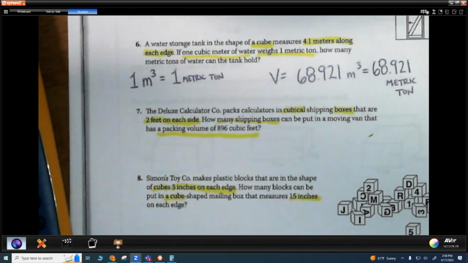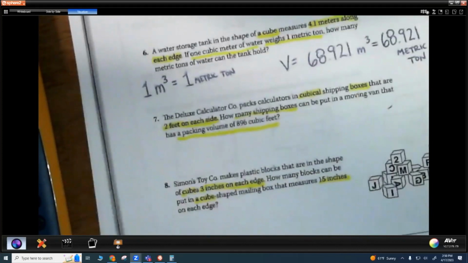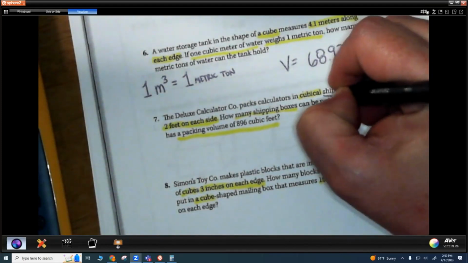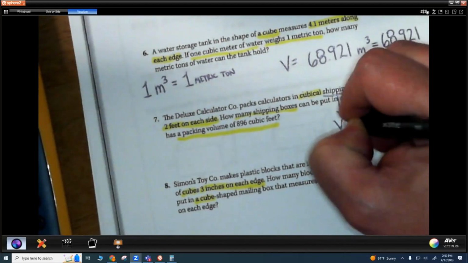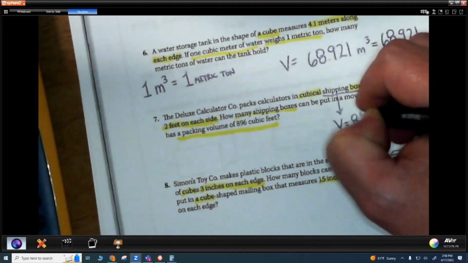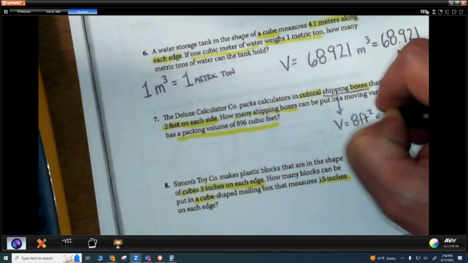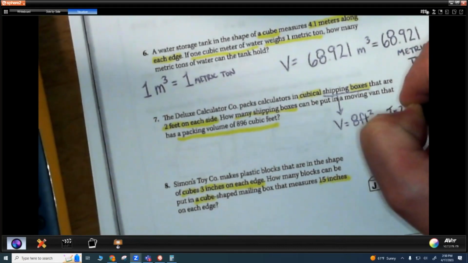And how are you guys getting 112? 896 divided by 8. Good. So we know that each box has a volume of 8 cubic feet, which is 2 times 2 times 2, the dimensions of our box.